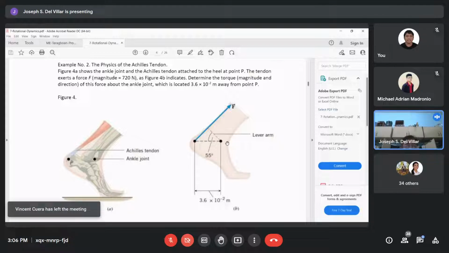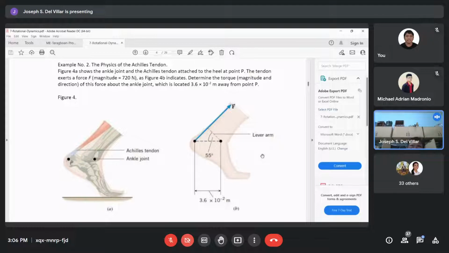That is the Achilles. Okay? Attached to the heel, no? So itong tendon naka-attach dito sa heel at point P. Okay? Now the tendon exerts a force F with magnitude 720 newtons, as figure B indicates.